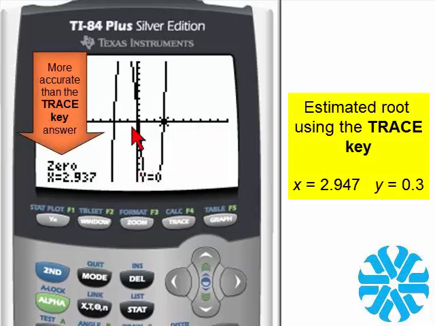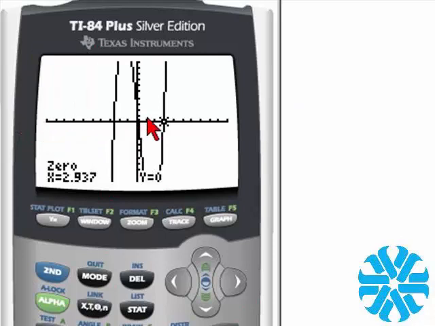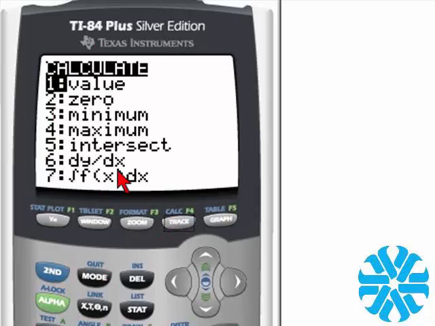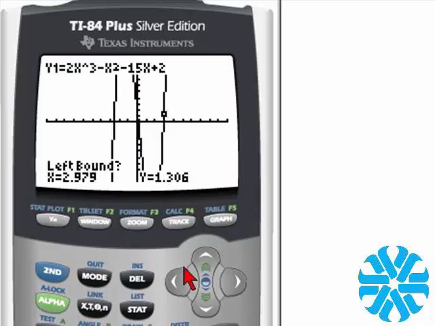Alright, so let's find this root right here, or this 0 right here, and we go second calc, and we want 0, number 2. So let's move it over there, and again, we want the left bound. So where do you think the left bound is going to be? Is it going to be right here or here?